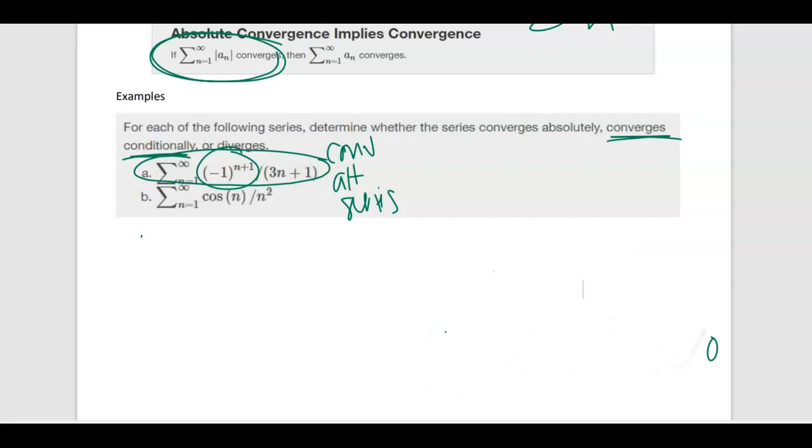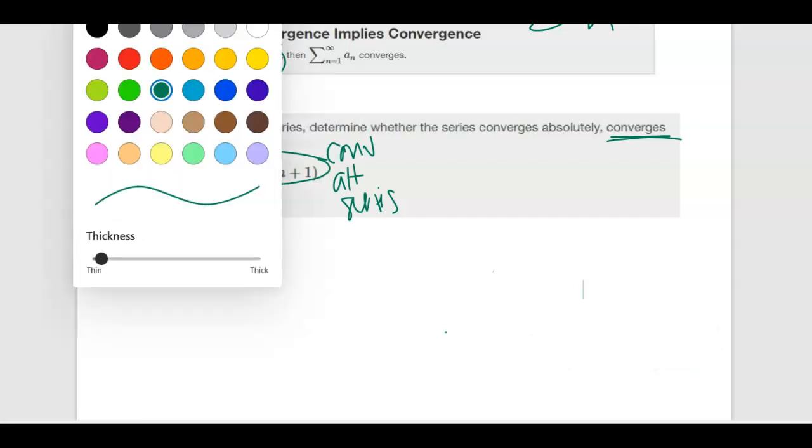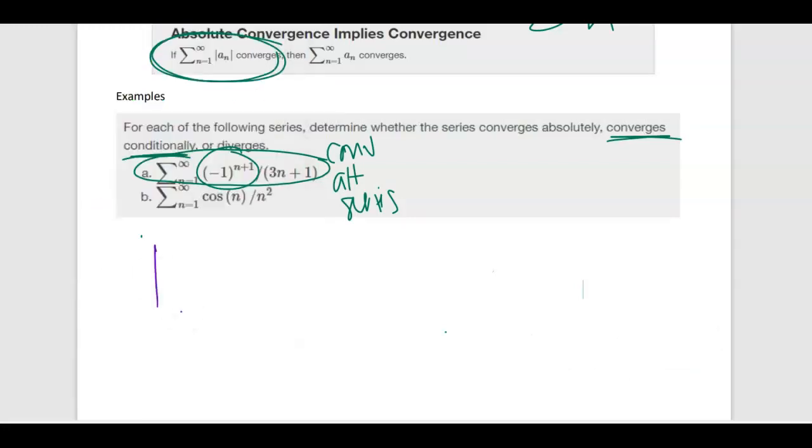And so I can say that the absolute value of cosine n over n squared is less than or equal to 1 over n squared. Because cosine is bounded above and below by -1 and 1, I can say that this is true.